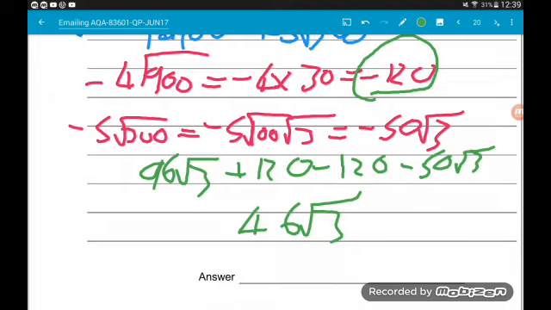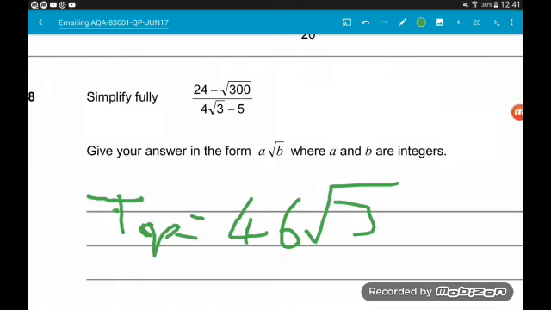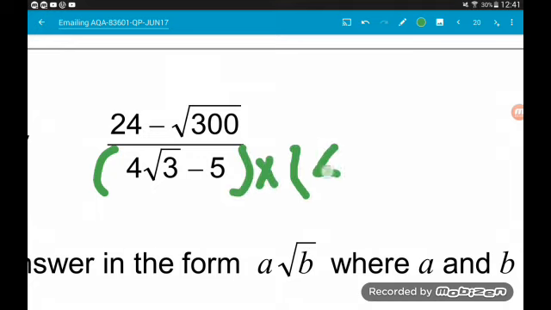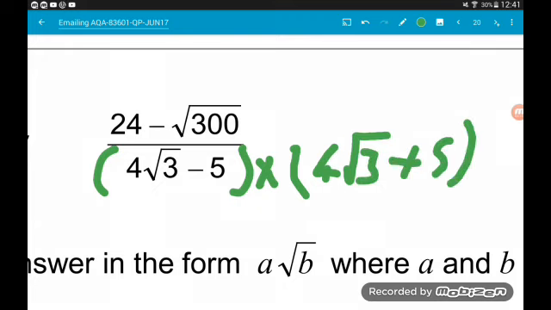Okay, we're going to clear that up. Now we'll sort out the bottom of the fraction. Okay, so the top of our fraction is 46 root 3. We now need to sort out the bottom. So again, we're multiplying that by 4 root 3 plus 5. Now this is slightly simpler.